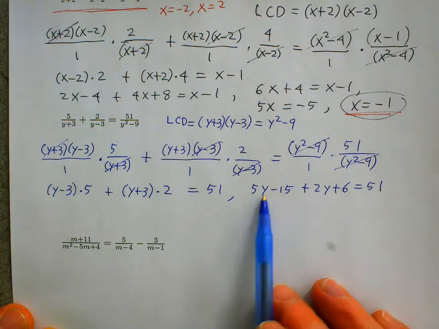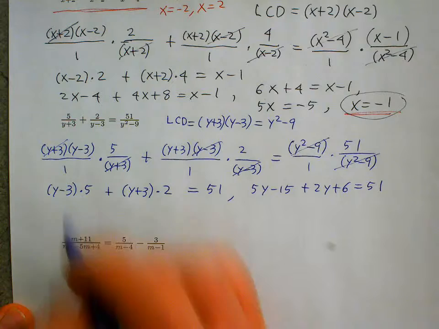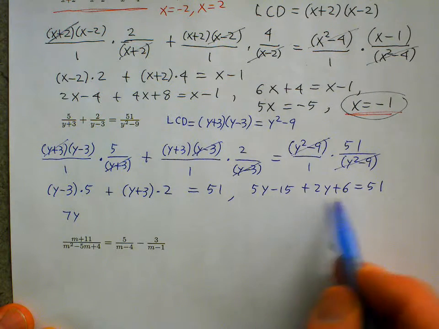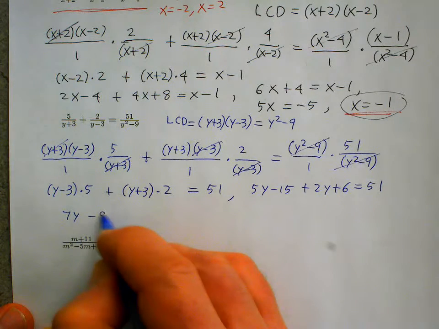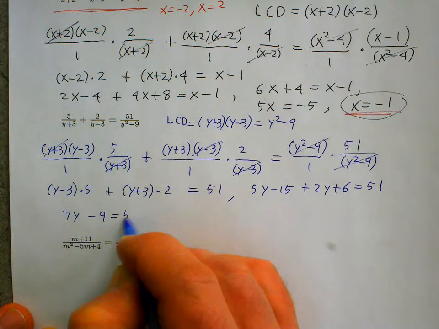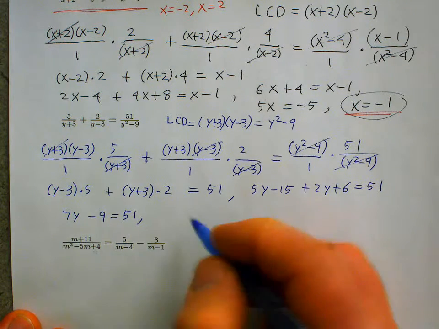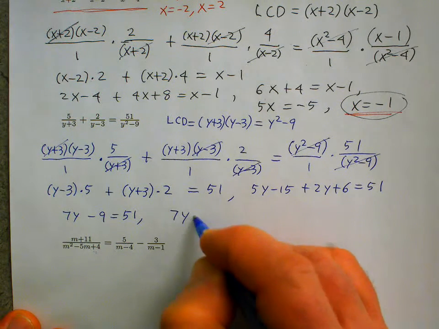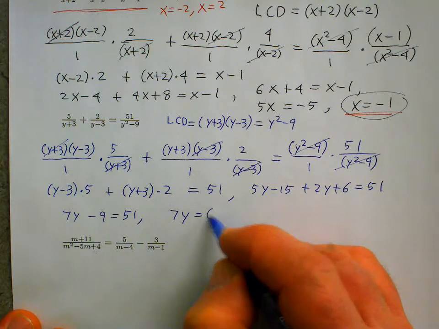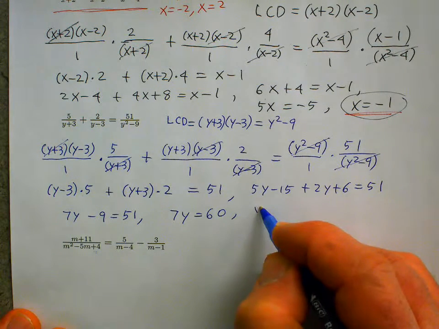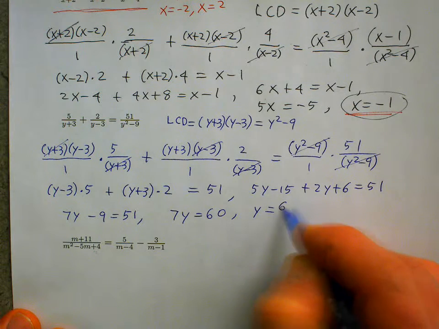On the left-hand side, 5y plus 2y is 7y, and minus 15 plus 6 is minus 9. Then add 9 to both sides. We get 7y equals 60, and then divide both sides by 7. Y equals 60 over 7.